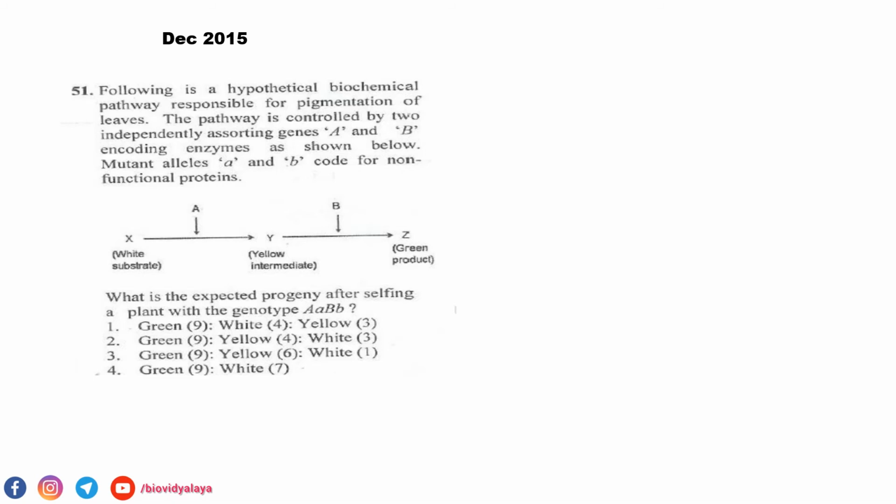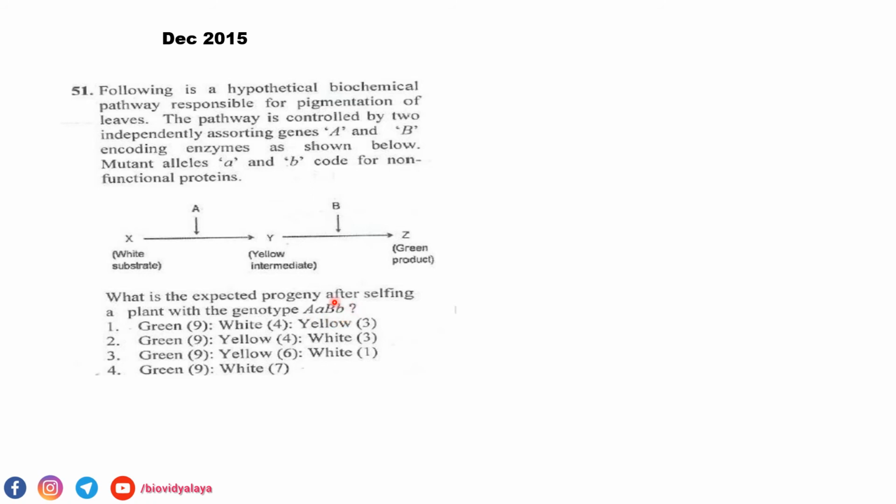So here you can see the pathway, and this pathway is controlled by the enzymes encoded by the genes A and B. If these genes are mutant, then the functional protein, that means the enzyme, will not be produced. And what is the expected progeny after selfing a plant with the genotype capital A, small a, capital B, small b?